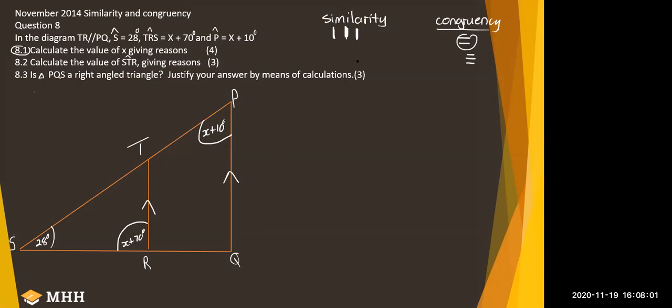What do you need for similarity? If you sit with a small Christmas tree and you sit with a big Christmas tree, the one looks similar to the other one. So the small one looks similar to the big one.